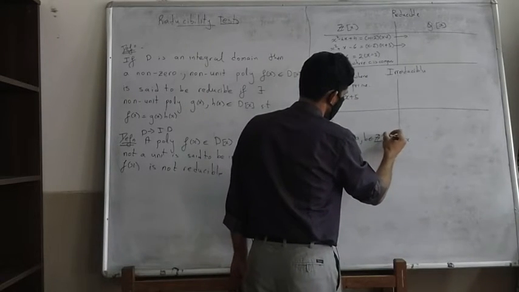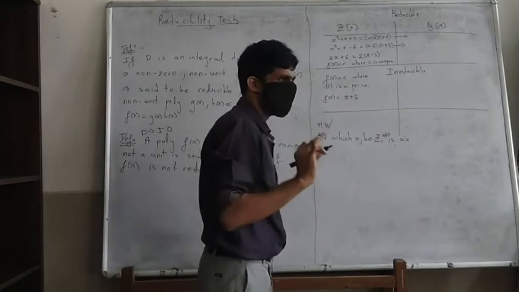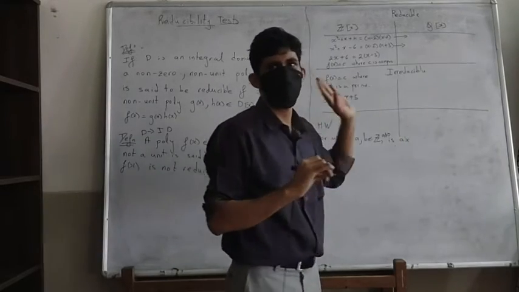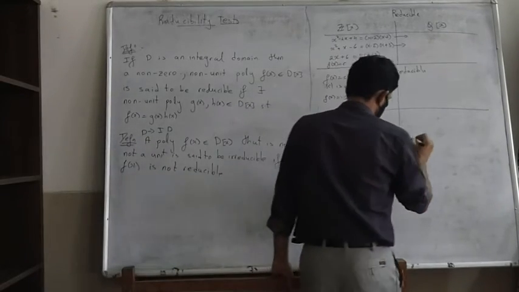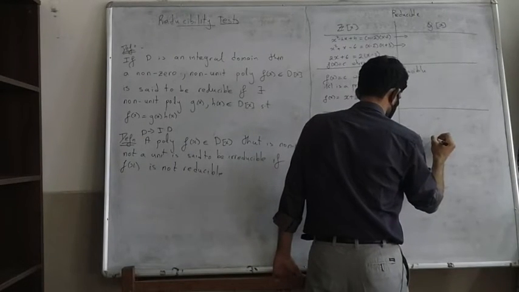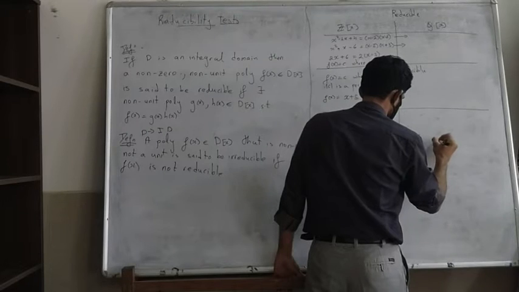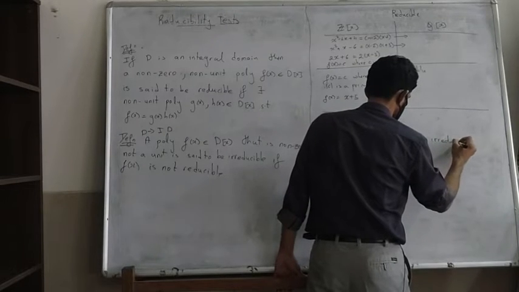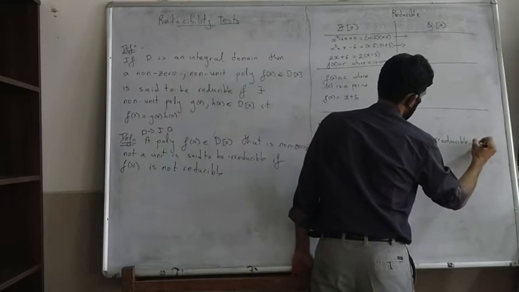We can consider a to be non-zero also. We have already discussed the constant polynomials, so that's fine. I am interested in linear ones irreducible in Z[x].